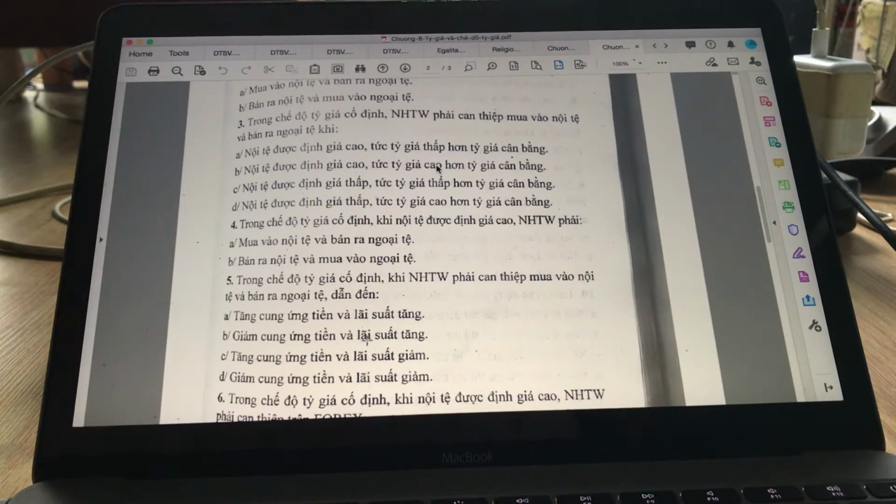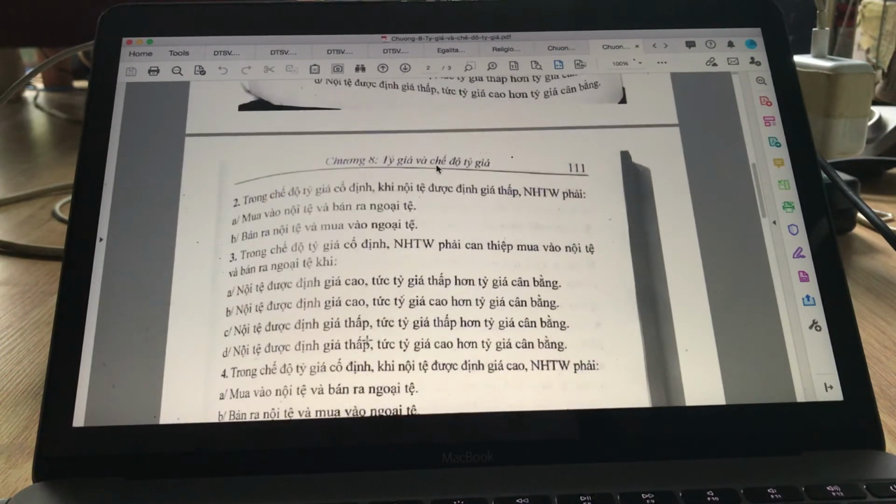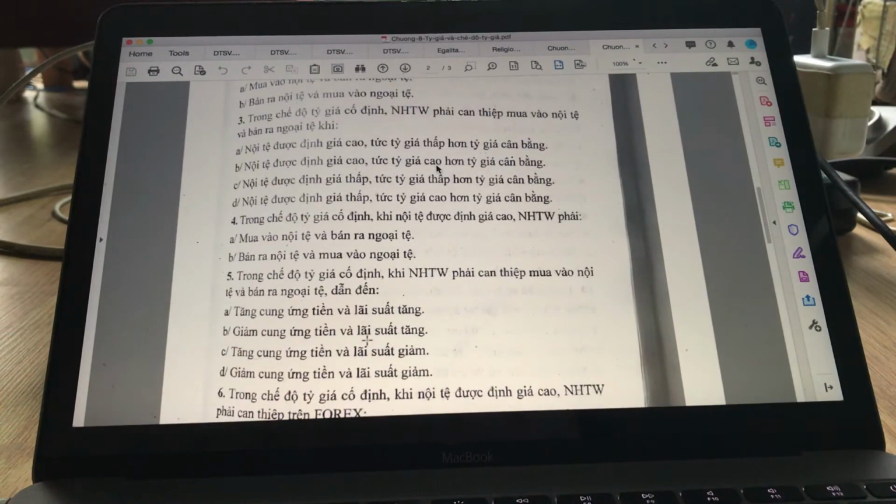The question is the same as question 1, the answer is the same. Do you want to change your answer? I guess the answer must be different from question 1.